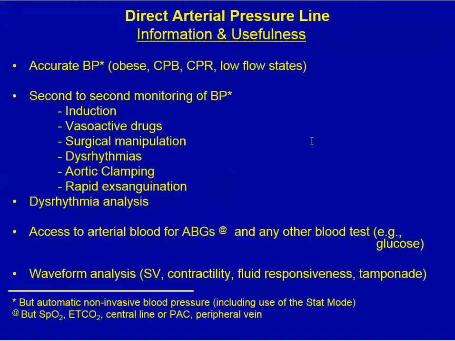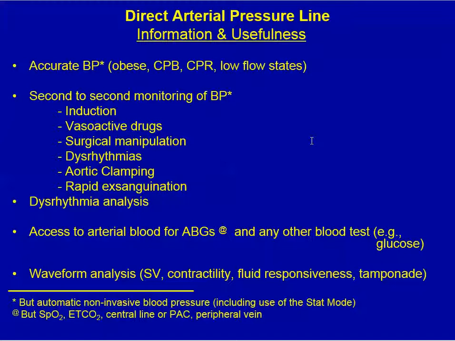It provides second-to-second monitoring, which can be important during induction in fragile patients, when administering vasoactive drugs, when surgical manipulations are liable to cause marked changes in blood pressure, like aortic clamping or unclamping or rapid exsanguination, and during episodes of arrhythmias. It's also helpful in analyzing arrhythmias.